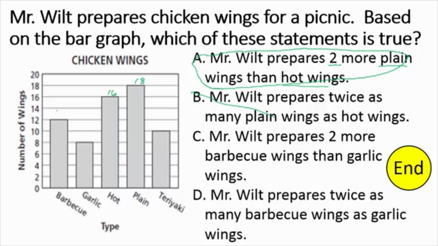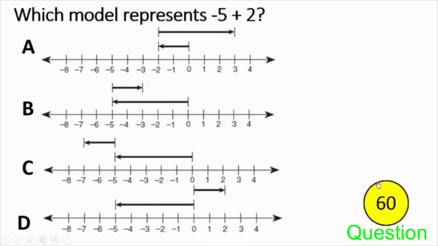So looking at barbecue, we got 12 versus garlic 8. That's 4 more, so statement C is false. Mr. Wilt prepares twice as many barbecue wings as garlic wings. Again, this would have to be 6 down here, which it's not. You're just reading the number that it stops on here, and that's how you solve that problem. Next question.